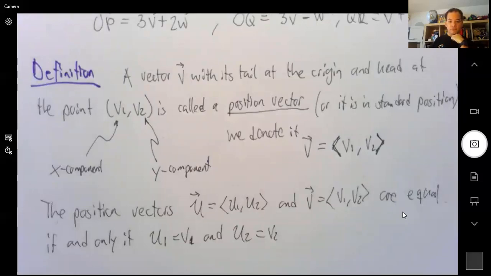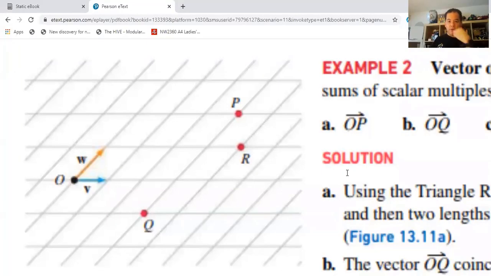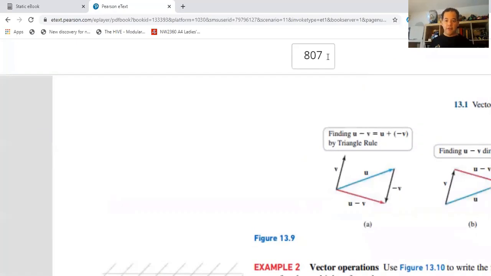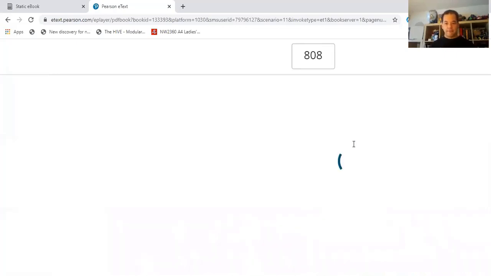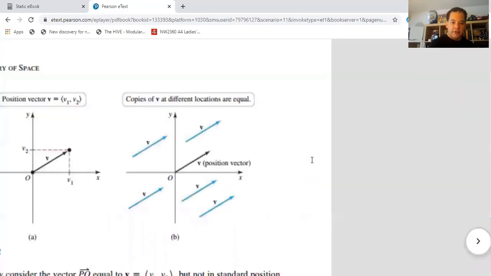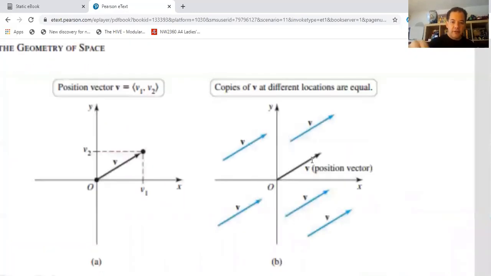So I want to go to the next page, page 808, to show you what we just did here with the position vectors. Right at the top of the page, we have this nice diagram over here, right?